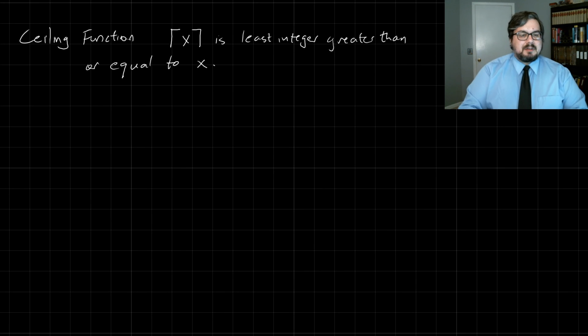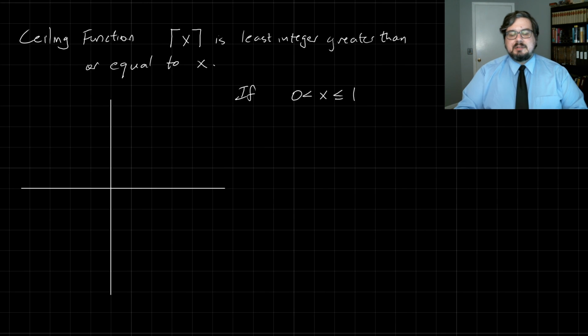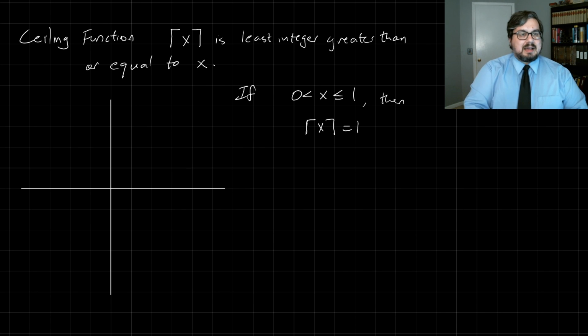The graph of the ceiling function looks sort of similar to the graph of the floor function, but slightly different. Notice that if x is between 0 and 1, but not including 0, then the ceiling of x is equal to 1, because that's the smallest integer that's greater than or equal to x.